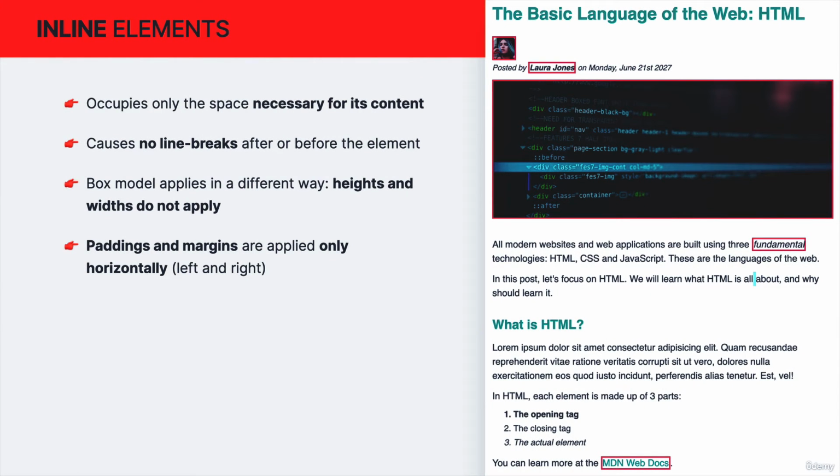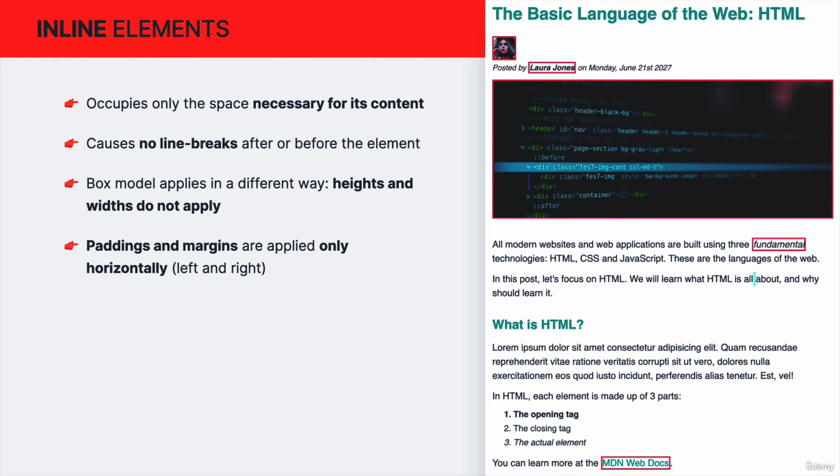So here I marked the inline elements with this red border, and you see that, as expected, they only occupy exactly the space that is needed for its content. They also don't create any line breaks after or before the element, and so therefore they can simply stay inside of their parent elements without creating any additional space.